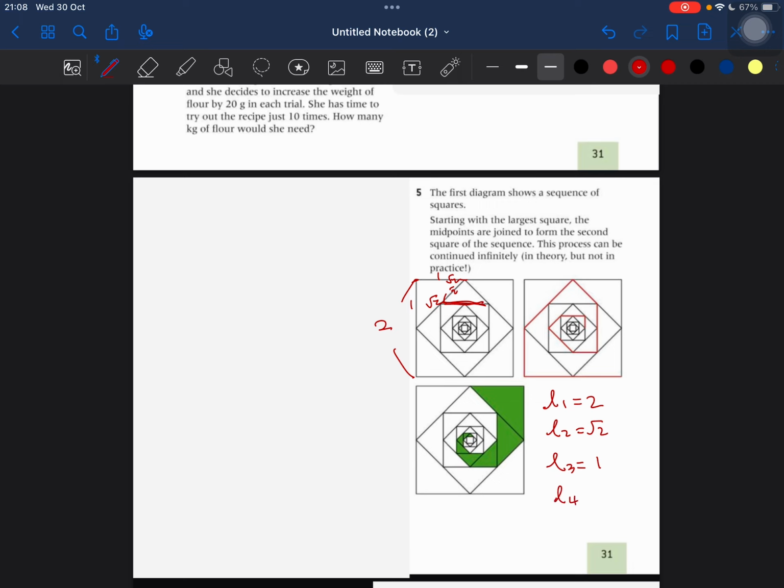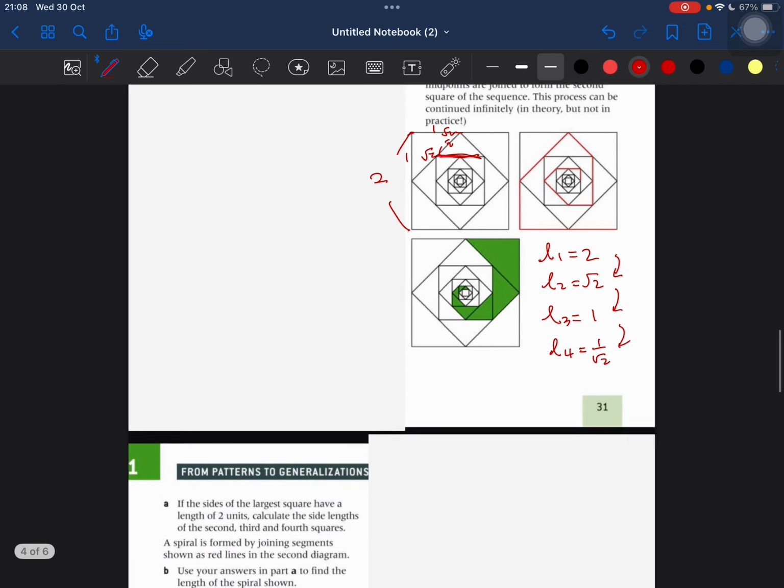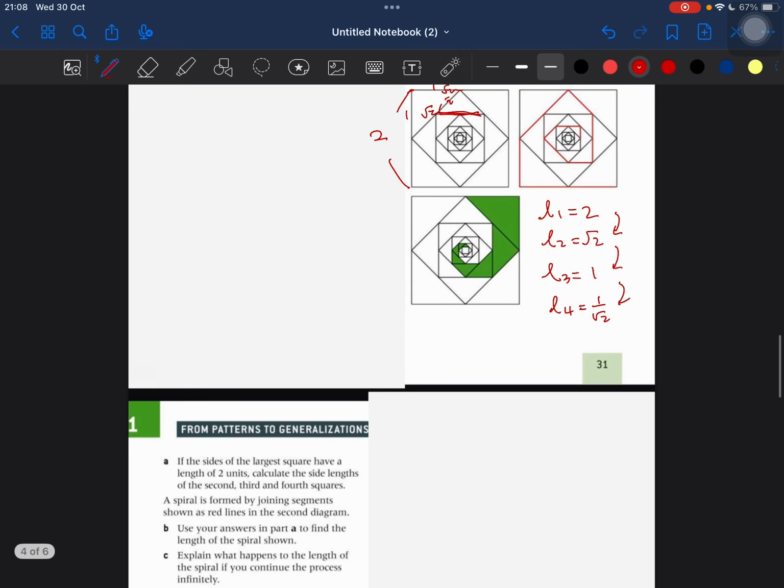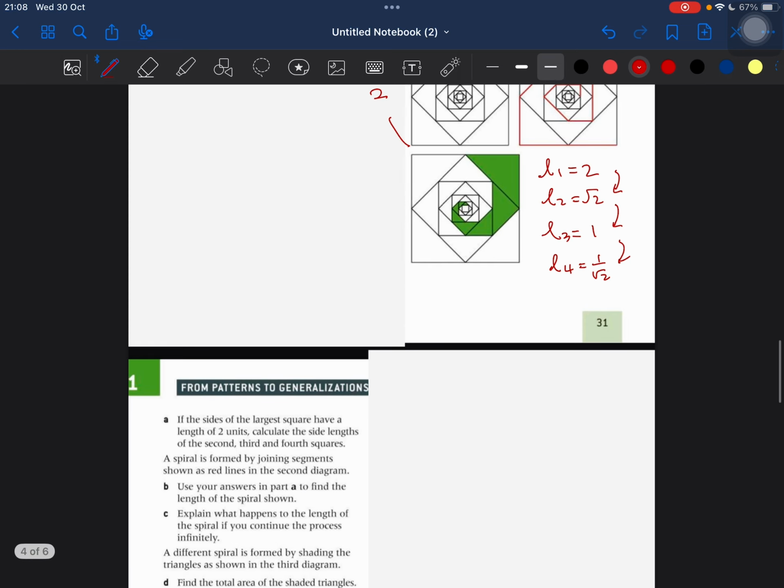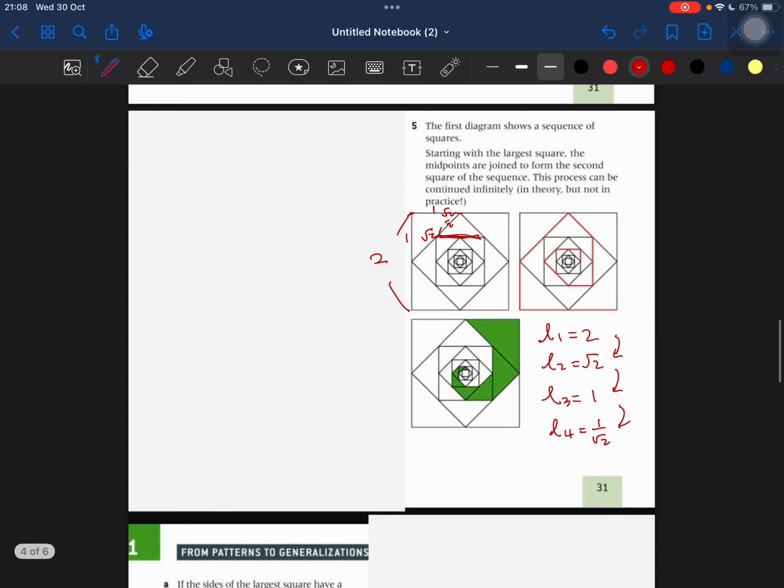And L4 is 1 over square root of 2. Oh, okay. So yes, we can tell there is some rule. A spiral was formed by joining segments shown as red lines in the second diagram. Use your answer to part A to find the length of the spiral shown.